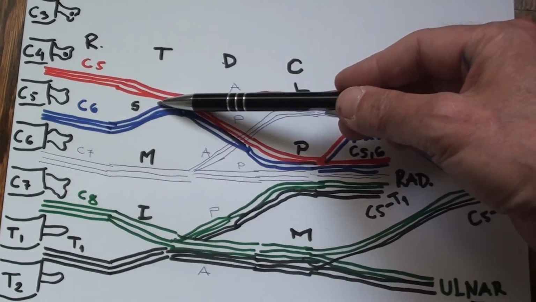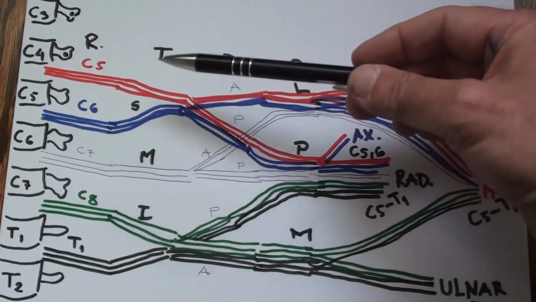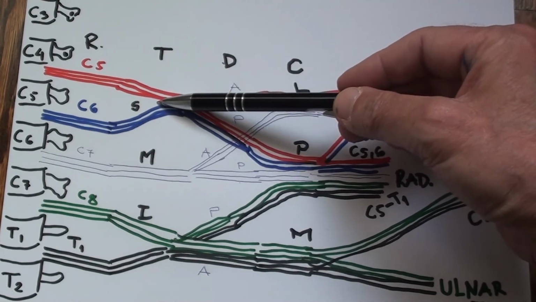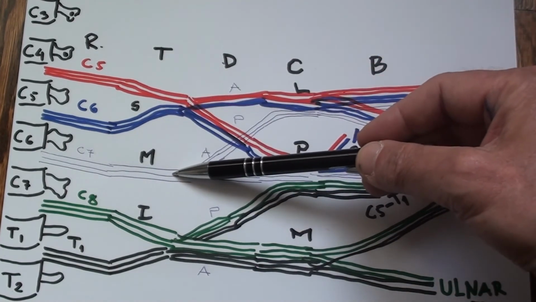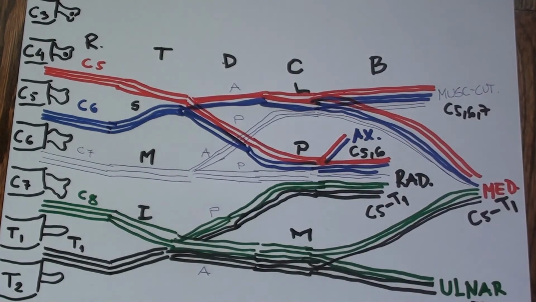So that is what we encountered on this diagram, 5 different roots, and quickly we put them into 3 different trunks: superior trunk, middle trunk, inferior trunk. C5, C6 blended together into superior trunk, C7 stayed alone, and C8 and T1 have formed the inferior trunk. 3 trunks, each of them split into its anterior and posterior division.